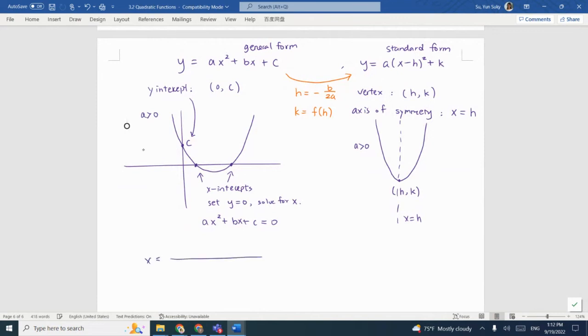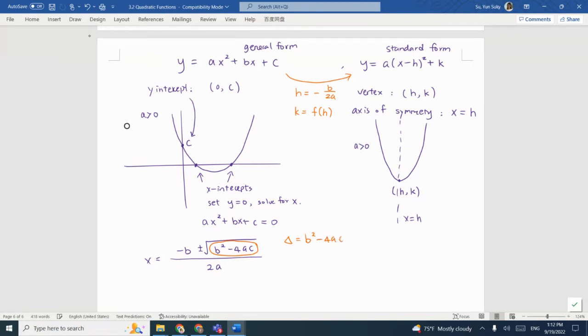X equals negative b plus or minus the square root of b squared minus 4ac, all over 2a. Right, everybody? And therefore, it depends on whether the things inside the square root equal to 0 or greater than 0 or less than 0. We have different cases. So we call the things inside the square root the discriminant.